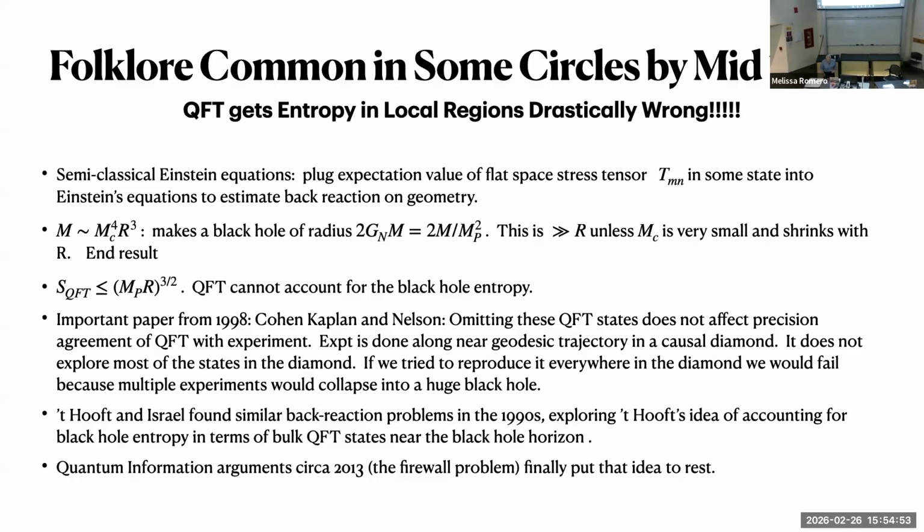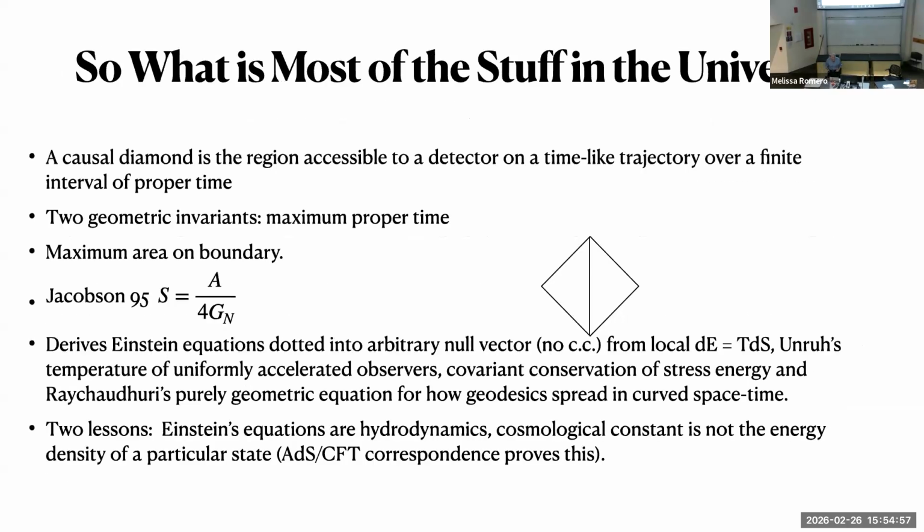Now, I can't go into the details of those arguments, but it's really been deflated completely by now. So what is most of the stuff in the universe made of if it's not quantum field theory? So now we're going to have to talk about causal diamonds. So if you don't know what a causal diamond is, just wait a second.